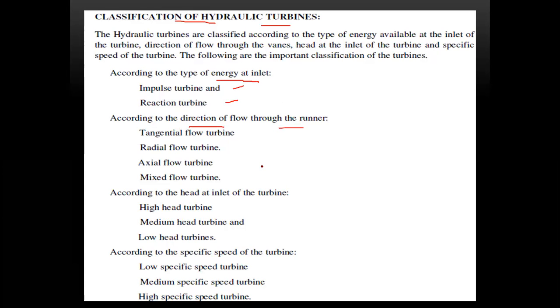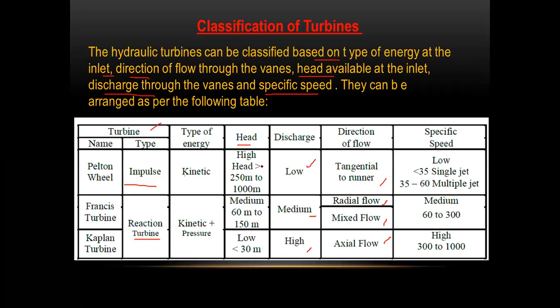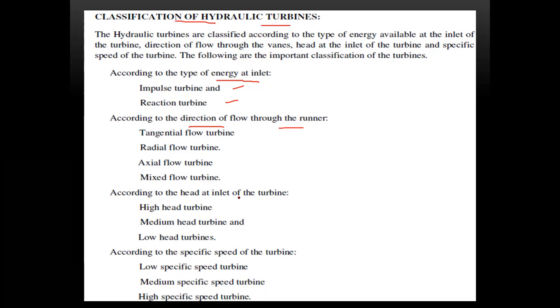These are also in the table form here. But if you have any confusion, if you get a question, you can write this one, right? Next, coming to the inlet of the turbine: high head, medium head, and low head. Coming to the speed of the turbine: low speed, medium speed, and high speed. So this is about the classification of turbines.